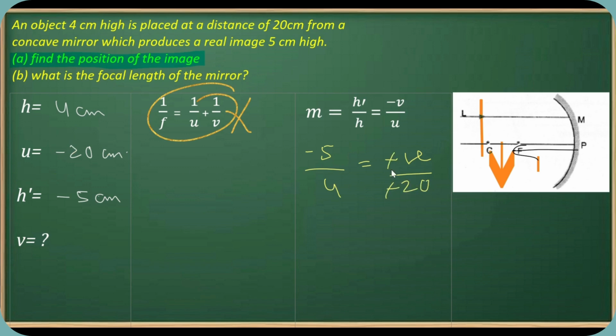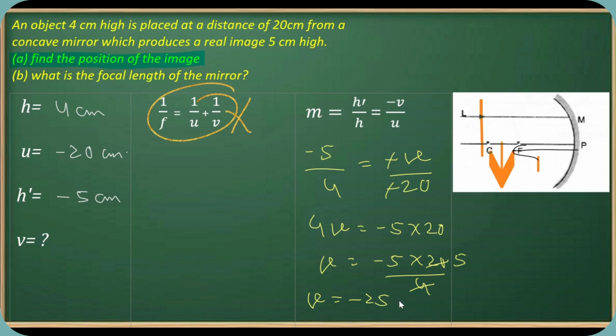First I cancel the negatives, and then I go to cross multiplication. So it's 4 times v is equal to negative 5 times 20. So v is negative 5 into 20 divided by 4. This gets cancelled by 5 times, so we got v as negative 25 centimeter.